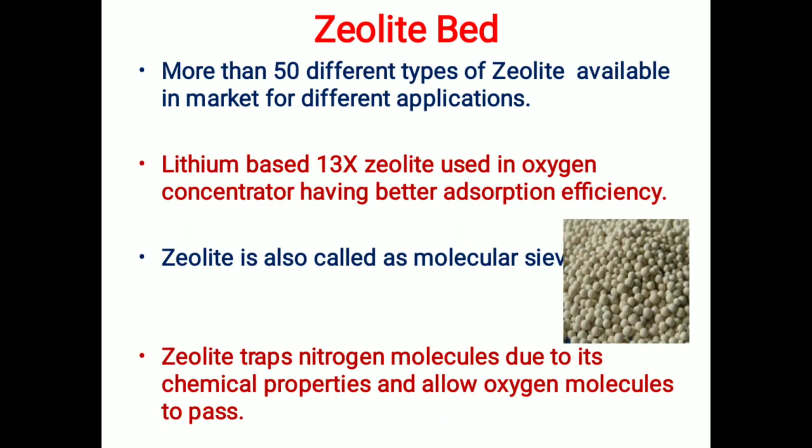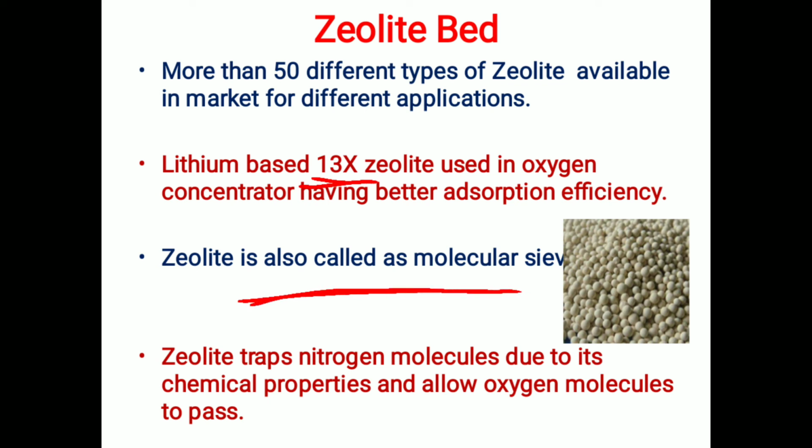Now we will see what is zeolite. In the market we are getting more than 50 different types of zeolite, and all these zeolites have different applications. But in an oxygen concentrator we are using lithium based 13x zeolite. This is a special grade of zeolite which is used for oxygen generation in an oxygen concentrator plant. Zeolite is also called a molecular sieve because it separates on a molecular level.